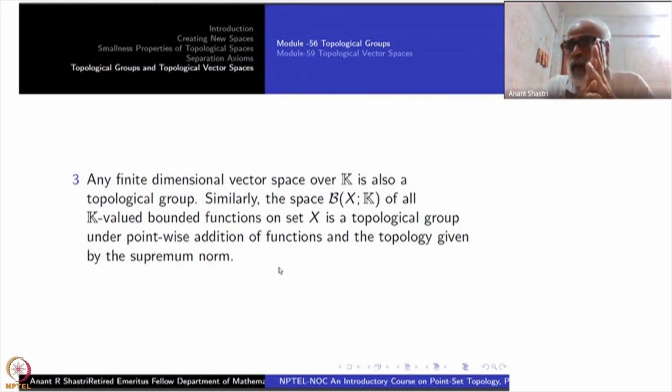So there the addition will be automatically continuous with respect to the topology induced by the norm. The norm is the supremum norm.